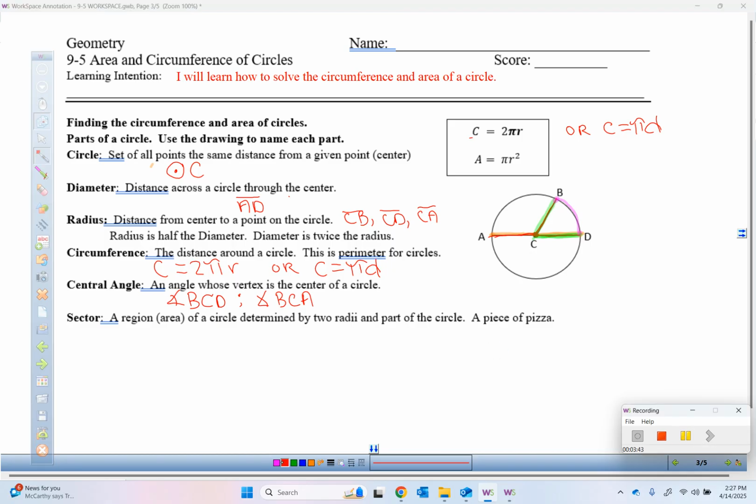And the way we would label these is with a little arc sign for sector, and this would be sector BD. Or you could have a sector here with a radius and a radius with B and A, and this could be a sector. So we could have sector BD.